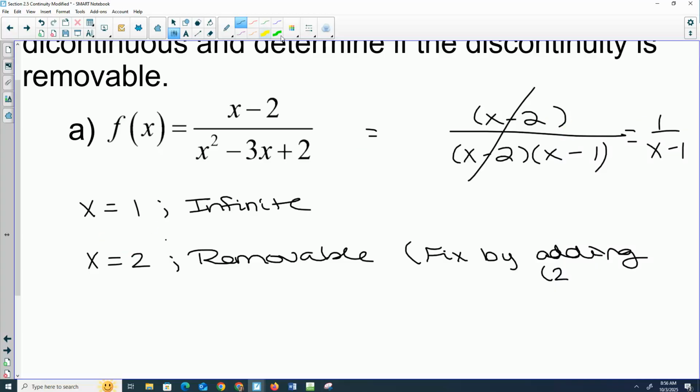To find the y value of the hole, we always plug 2 into that final piece. If I put a 2 in there, I would get out 1. So if you added the point (2, 1) to this graph, if you turn it into a piecewise function, that would fill in that hole and it wouldn't be an issue anymore. So removable can be fixed just by filling in 1 point on the graph.